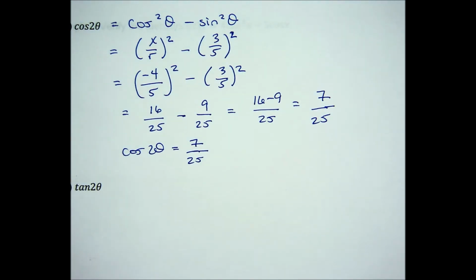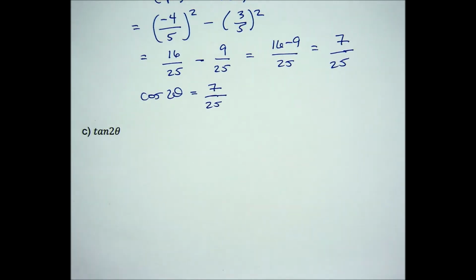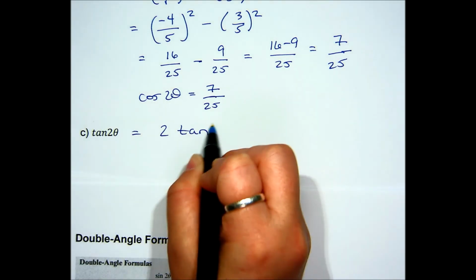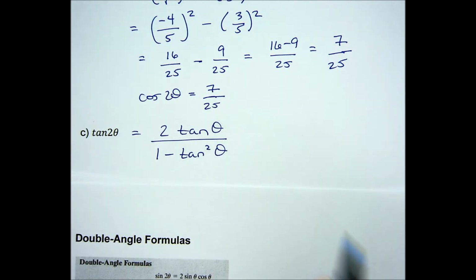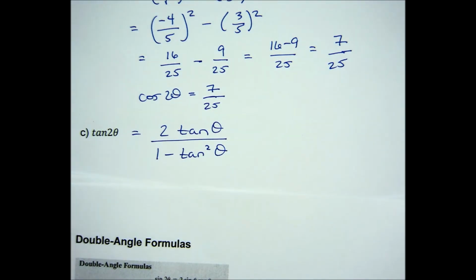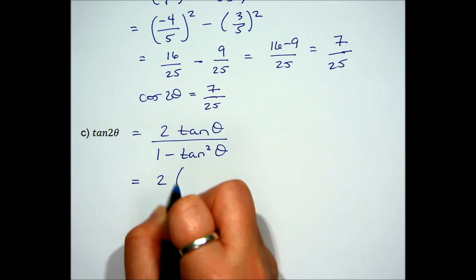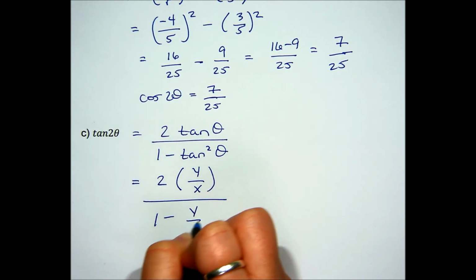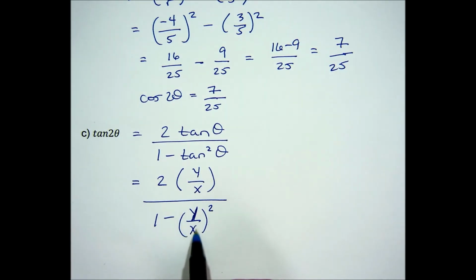Next, let's work with tangent of 2 theta. Tangent of 2 theta, the equation is 2 tangent theta over 1 minus tangent squared theta. Tangent is y over x, and if you have a function squared, then you have its value simply squared.